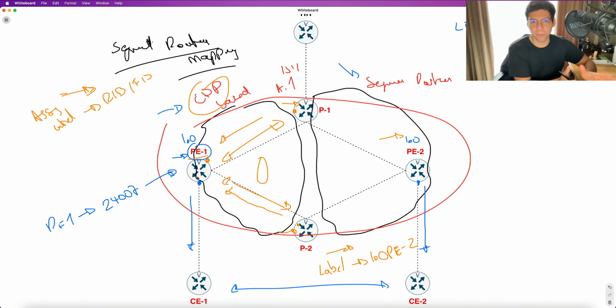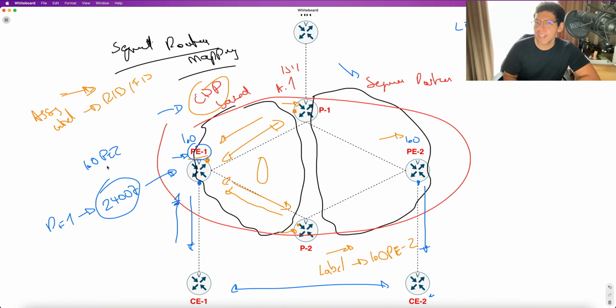So from this side of the network, whenever PE1 receives a request from the customer, for example C1 wants to reach C2, PE1 knows the label to reach the loopback 0 of PE2. So PE1 doesn't have any problems forwarding the label. So we can state here that whenever we have LDP on one side and segment routing on the other side, from the LDP side we don't have problems reaching the loopback of the other PEs in the segment routing domain, because of the way that LDP works.